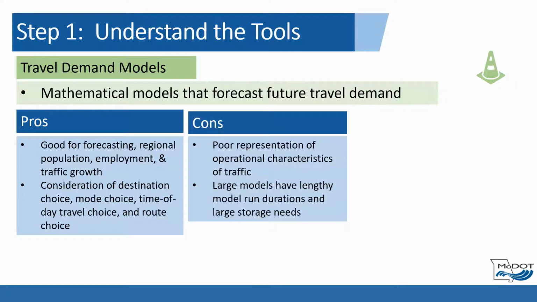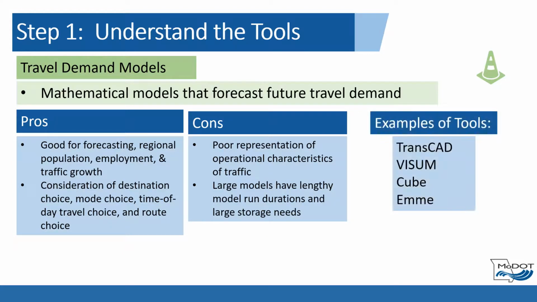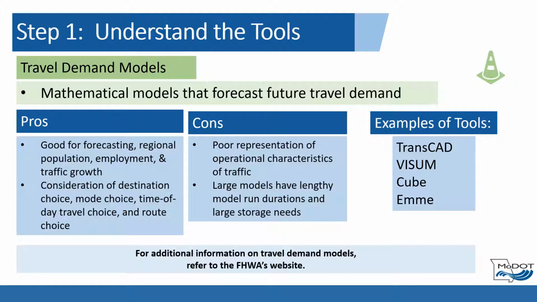Travel demand models should not be used for representing the operations of areas with small focus, such as intersections and interchanges. Travel demand models are used primarily in long-range planning completed before capacity analysis and are not covered in detail in this TIA guidance training series. Additional information on travel demand models can be found on the FHWA's website.